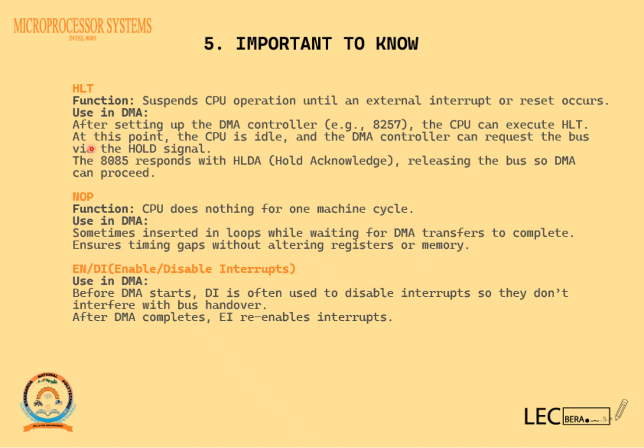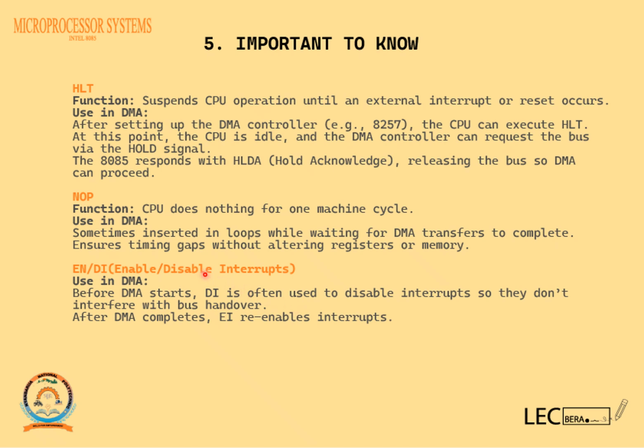And then we have another very important pair of instructions, the interrupt enable and the interrupt disable instructions. How do we use these? Before DMA starts, DI, that is disable interrupt, is often used so that interrupts don't interfere with the bus handover. After DMA completes, EI, that is enable interrupt, enables interrupts.